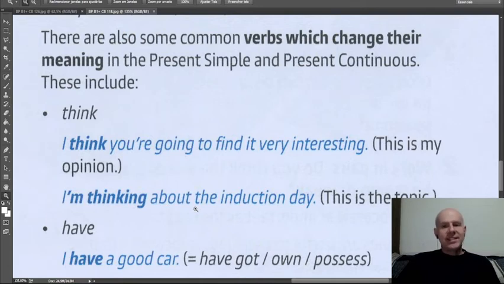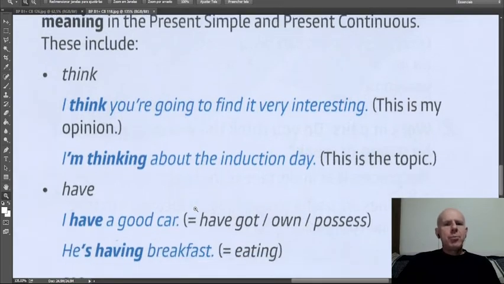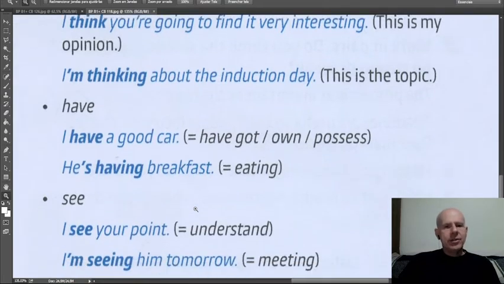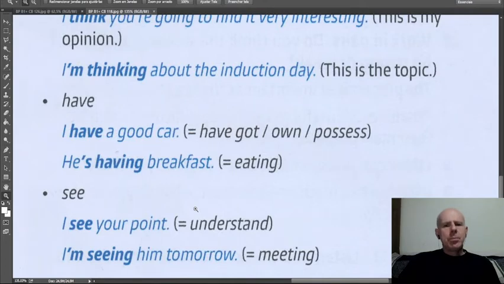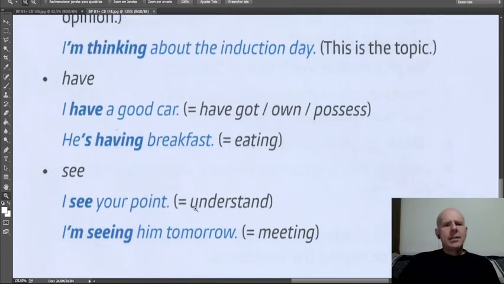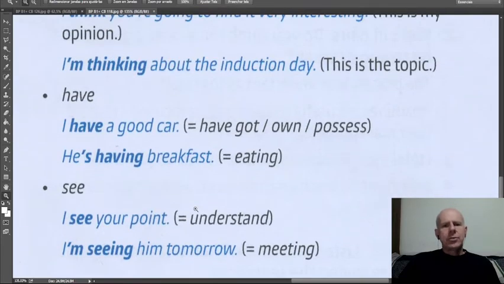I possess a car. I'm having breakfast. I'm eating. I'm having water. I see your point. I understand. I'm seeing him tomorrow. I'm meeting. I'm visiting. Right? I really like these examples. Try to learn these because they are useful examples. Really.